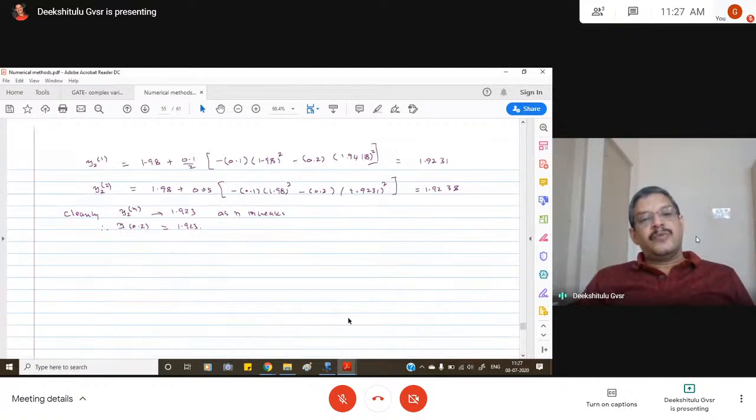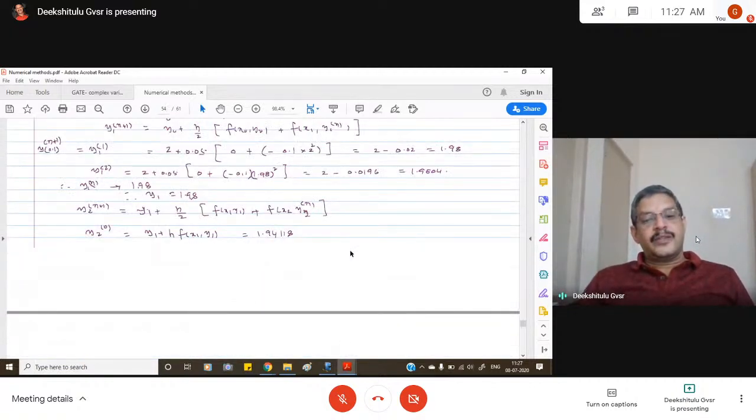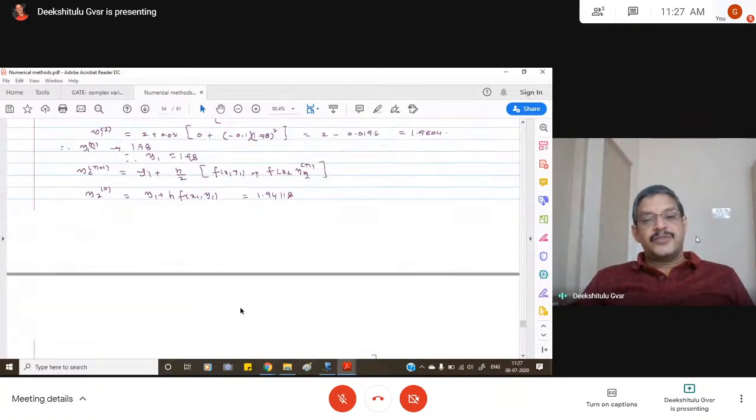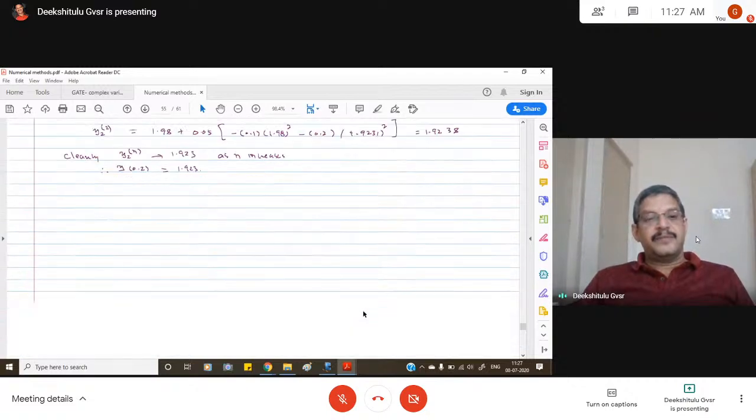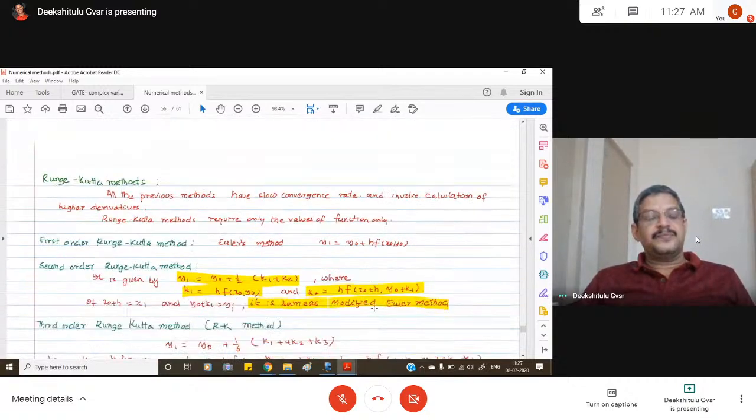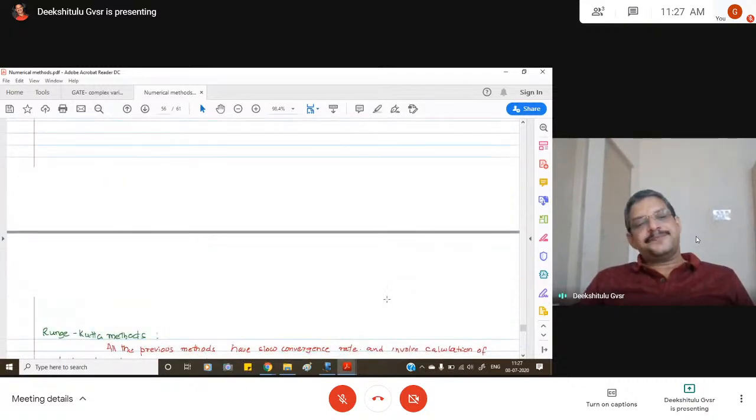Similarly, y21, y20, you take this as a starting point for the transient situation. We simplify y21, y22, y23, yn, and you find that the solution approaches 1.9231 gradually. So that's about modified Euler's method.